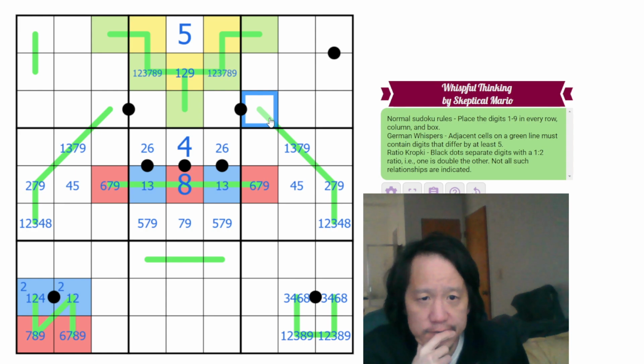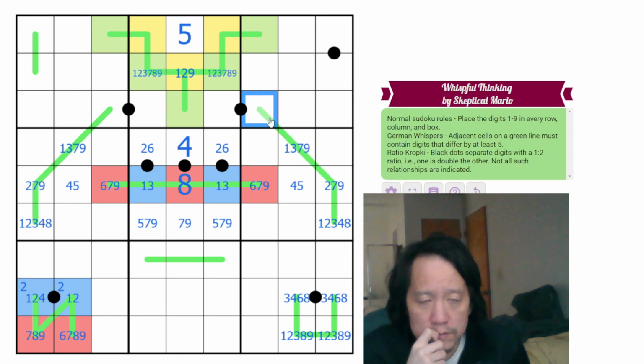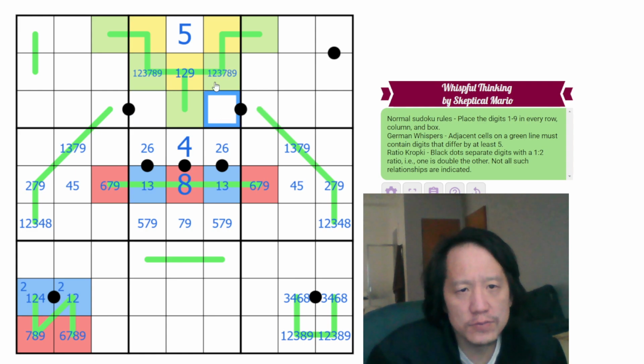What else do we know from this? Okay, so 4 is either one of these two, or it's one of these two, right?